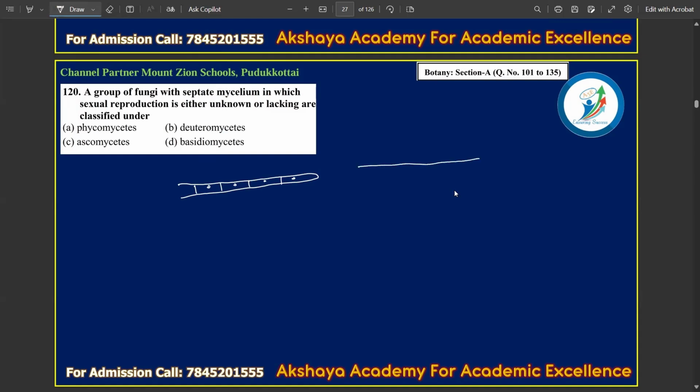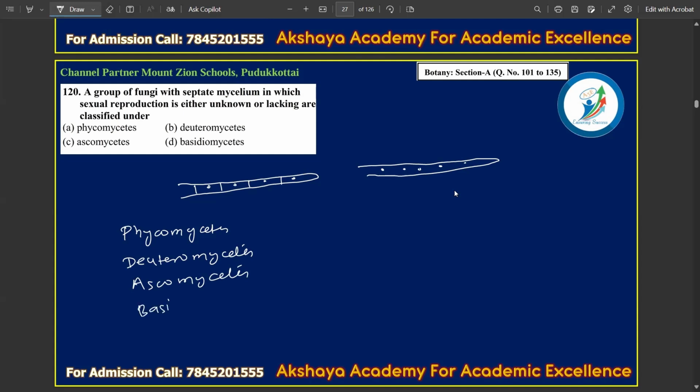If they are aseptate, there can be multiple nuclei inside. Now the question asks about classification. So we have Phycomycetes, then Deuteromycetes, Ascomycetes, and then Basidiomycetes.